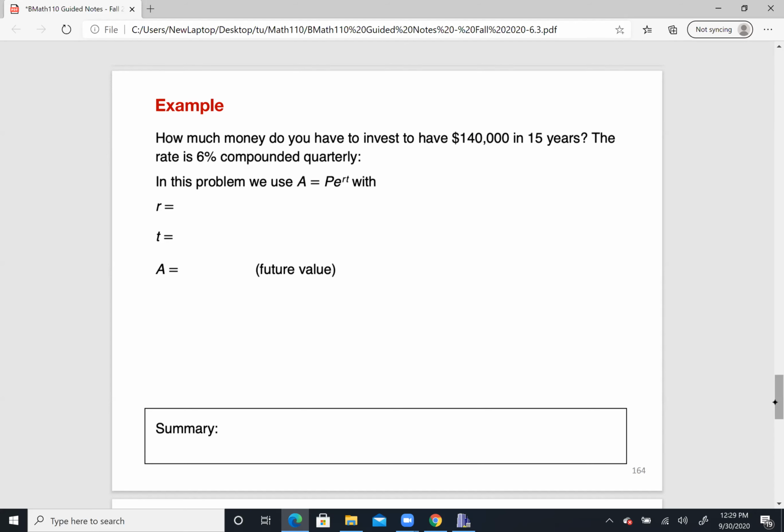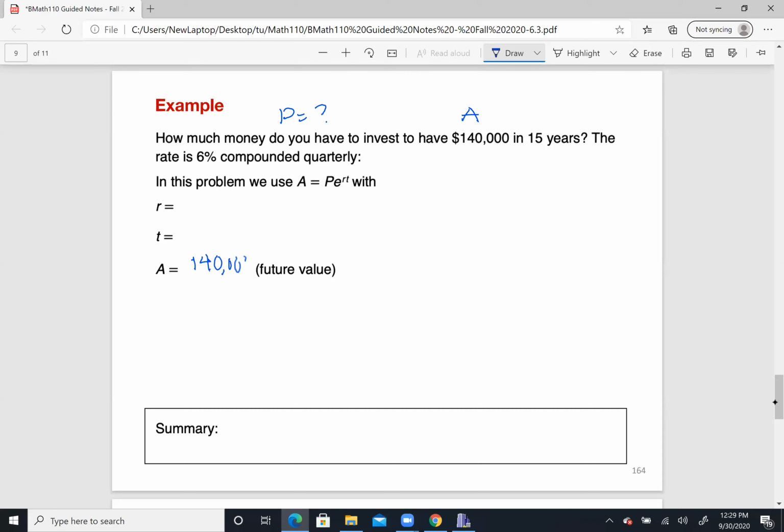Another problem. So in here, it says how much money do you have to invest? So same, it's still gonna find P, right? And the future amount is 140,000, right?